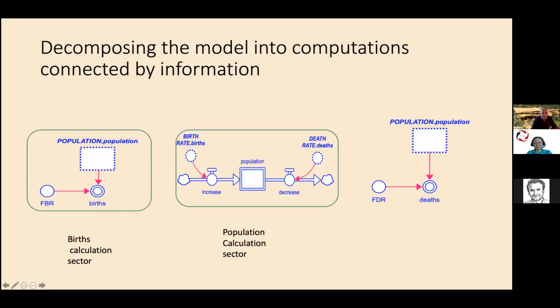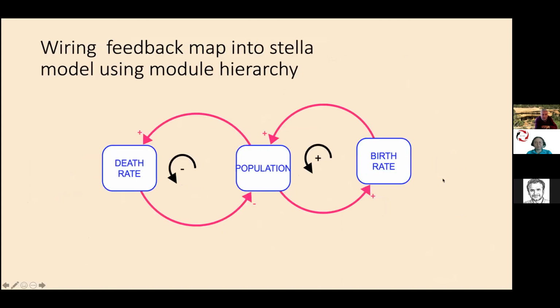Then there's a population calculation sector, which contains all these computations. And then there is a death calculation sector, which contains all these computations. And if you place these in modules in Stella and go to the upper layer of the module map, this is what you get.